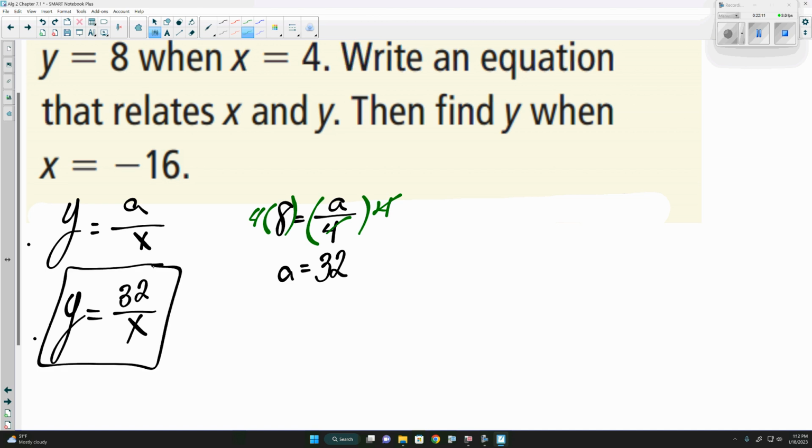So our equation is y is equal to 32 over x. And the last thing we need to do is solve it. y is equal to 32 over negative 16, which is indeed negative 2.